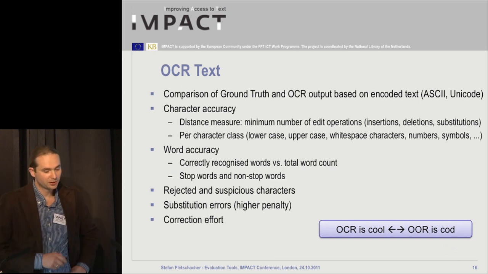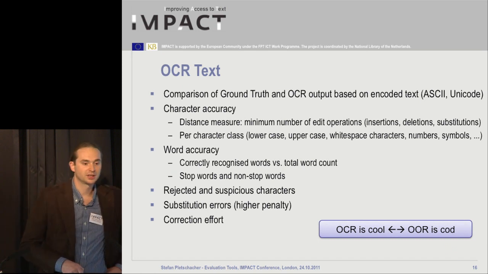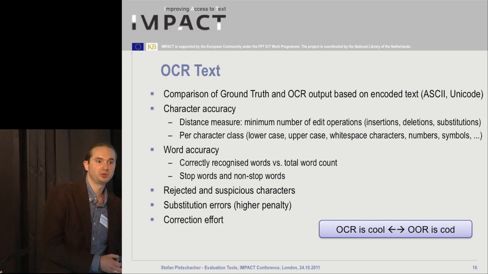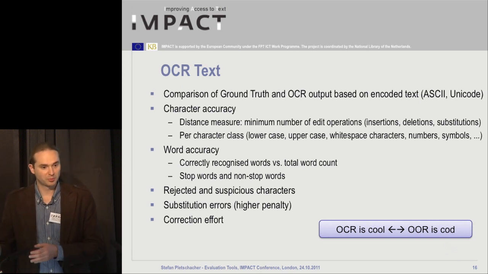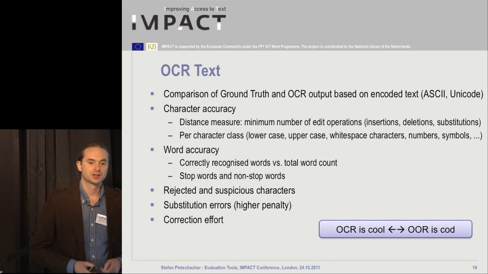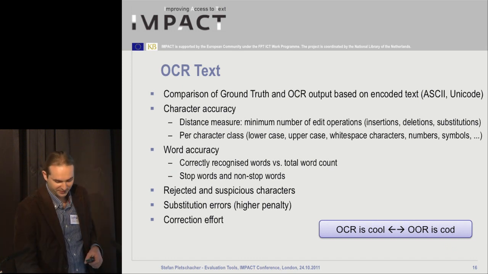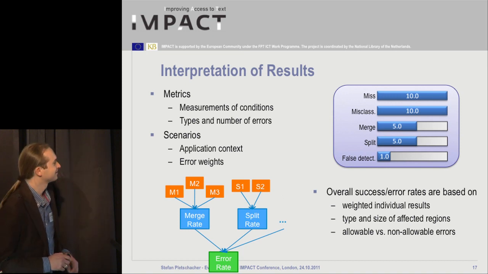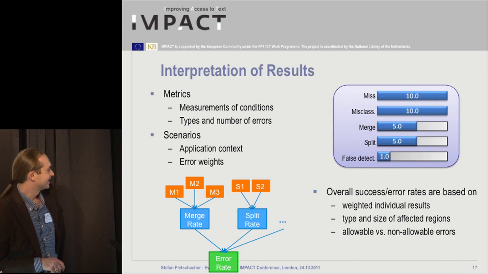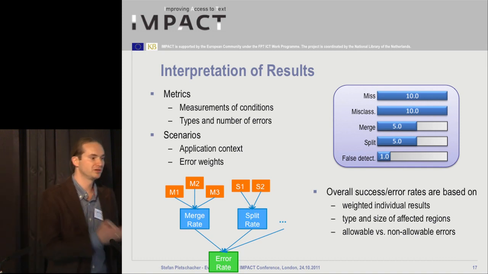And finally, correction effort. We also heard that maybe you're more interested in how much effort it would be from some OCR result to get perfectly 100% correct text. So there's something like the figure of merit and so on, which puts that into context. To conclude, sorry about rushing through this, but I think we just made up for the initial delay. Two things. We have metrics. That means what do we measure?